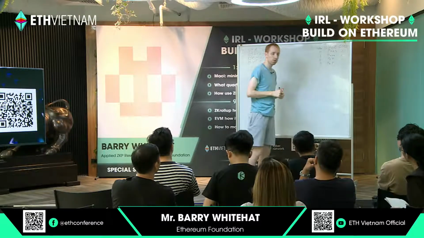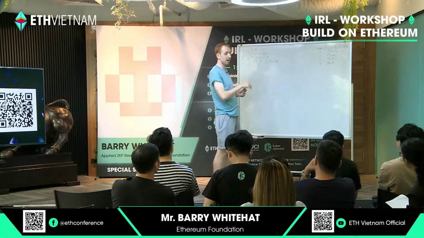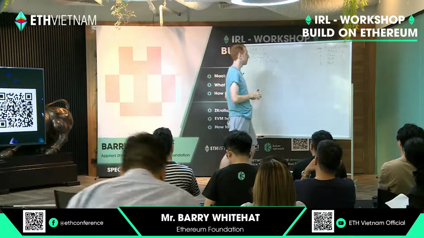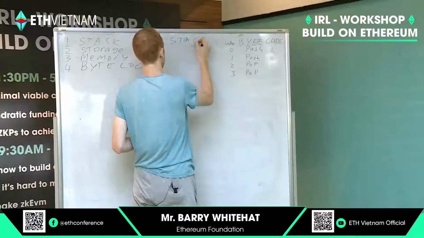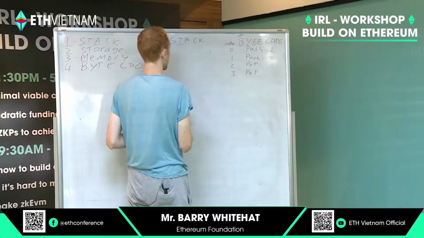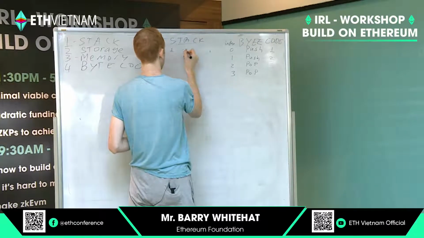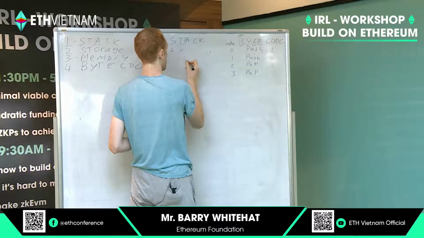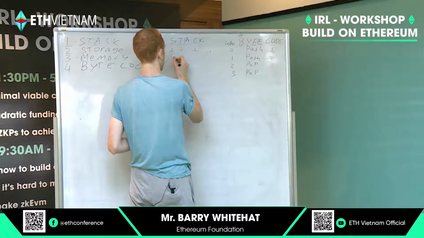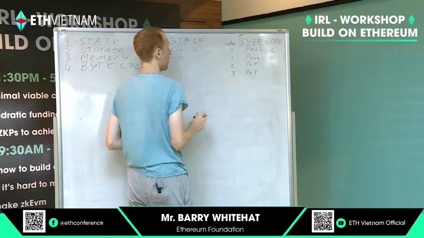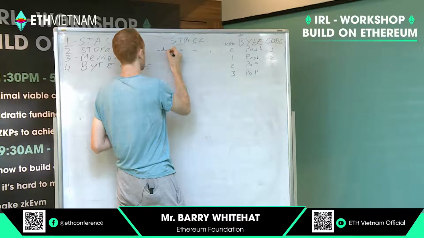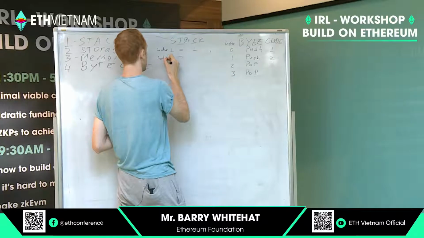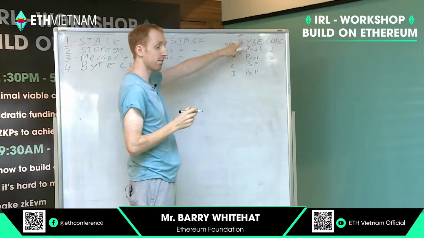Okay, so let's look at what this looks like on the stack side. On the stack, we basically have index 1 equals 1. So that's when we push the value.